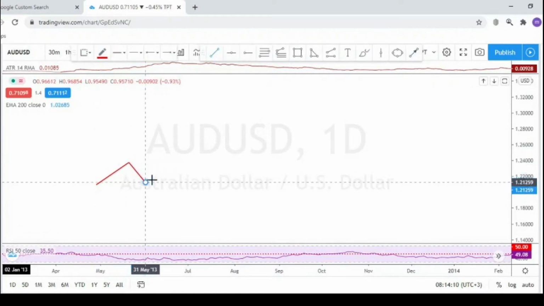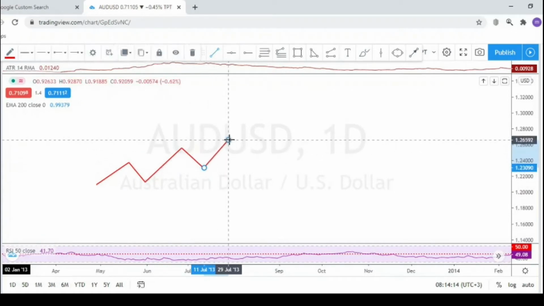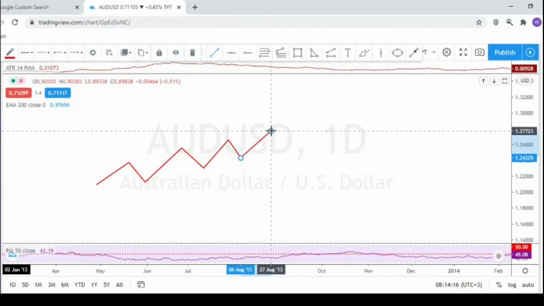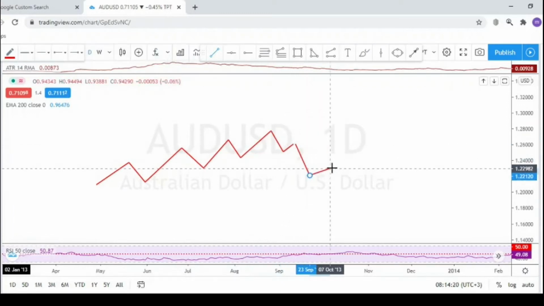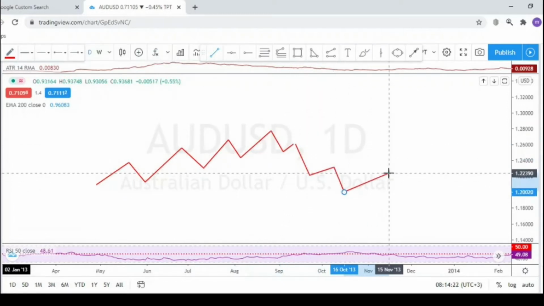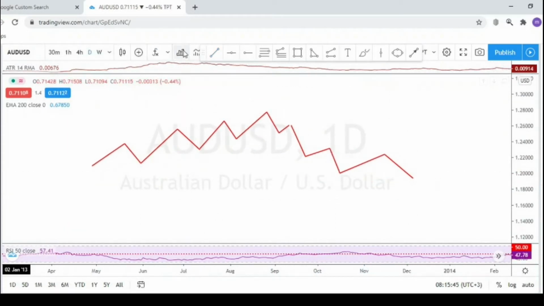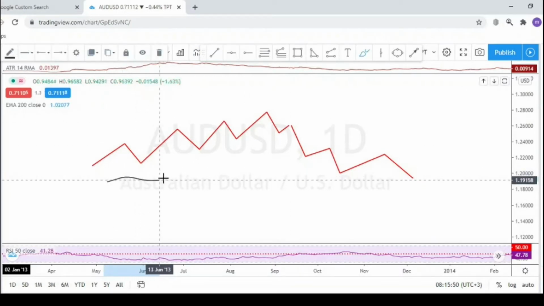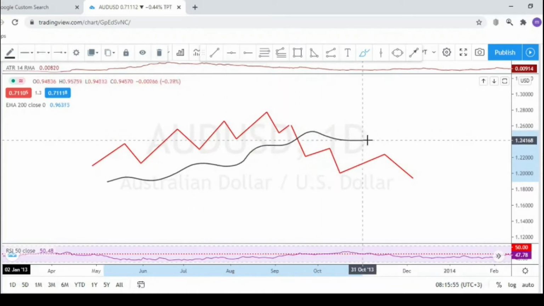If you have a market that is in an uptrend, then goes to a downtrend. Let's say this is your market, guys, and you have your moving average making such moves and goes here.